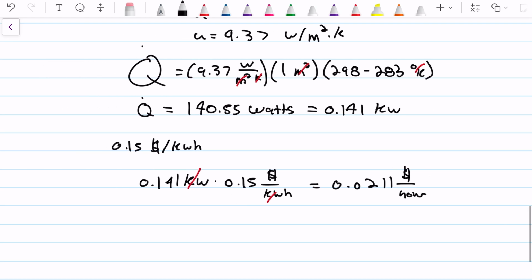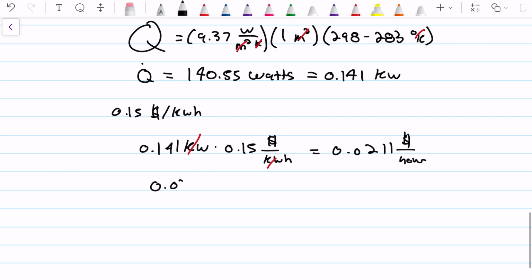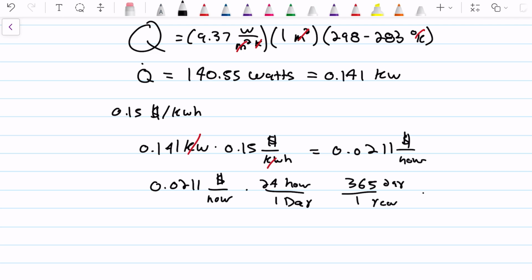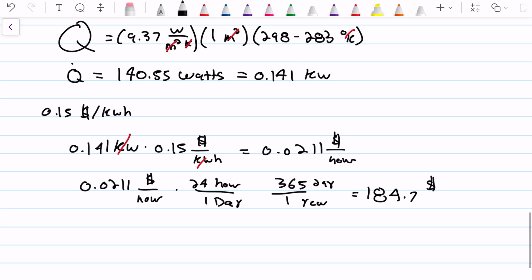And then let's just convert that into dollars per year, which they want. There's 24 hours in a day, 365 days in 1 year. So we take that number times 24 times 365, 184.7, we'll call it, dollars per year. Okay, so there's the answer to the first part. Let me check that. All right, looks good.